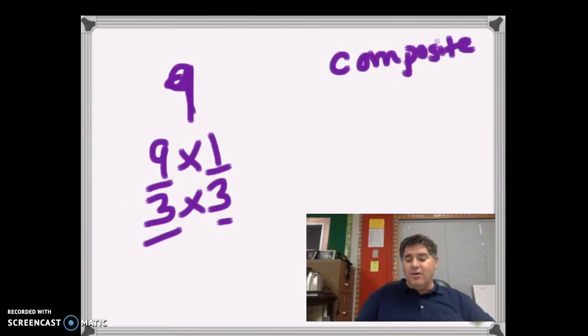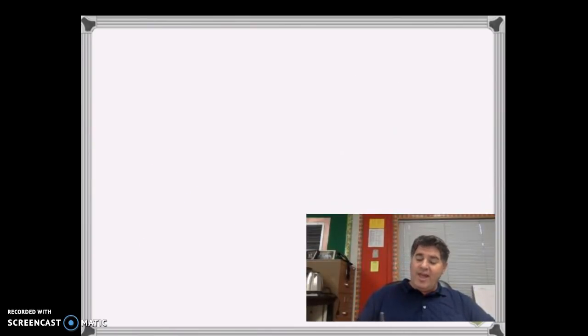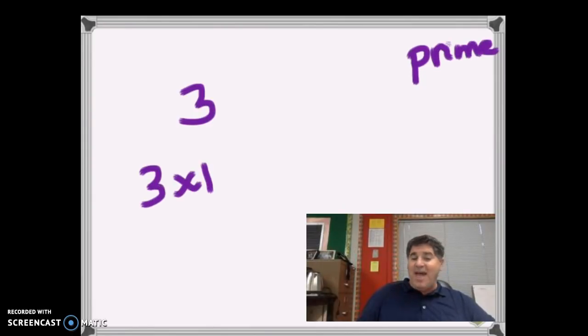What about 3? Prime or composite? That's actually a prime, because it's 3 times 1, and that's it. It only has 2 factors, itself and 1.